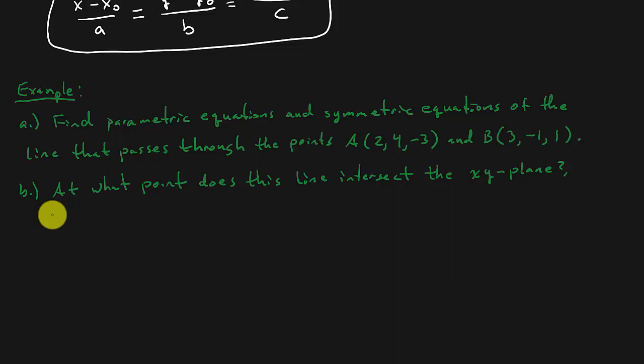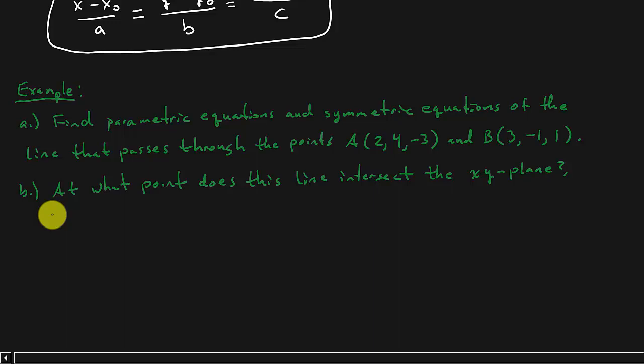All right. So we need what? We need a point on the line. Well, we got two of those, don't we? You see that? We've got two of those. So what do we need now?